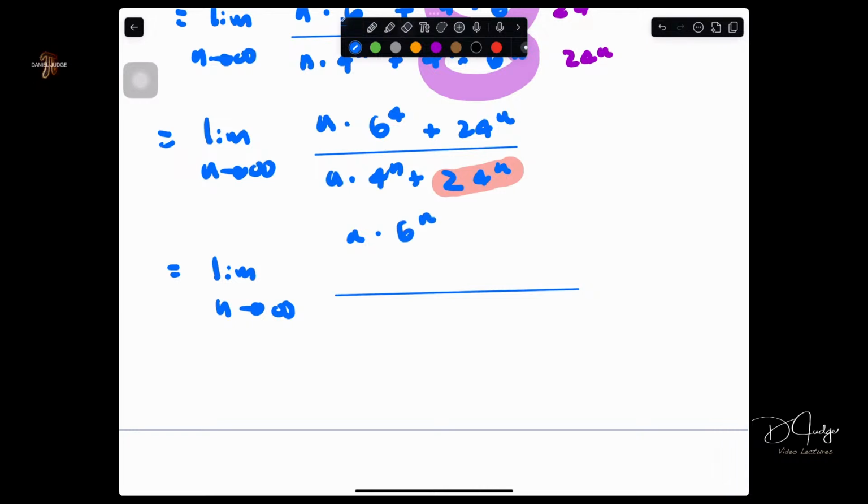6 to the n divided by 24 to the n. Let me put that in red.